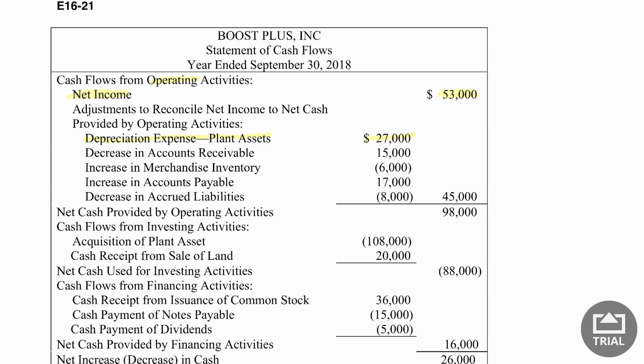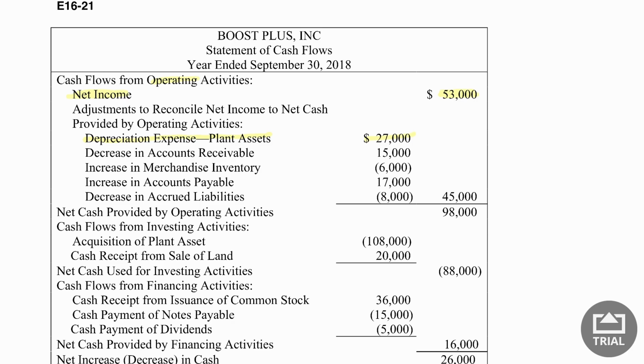Step number 3, my increases and decreases in non-cash current assets and current liabilities. Well, they gave me in F the excerpt of my balance sheet, so that's where I'm going to go. I'm going to skip cash and go to accounts receivable. Accounts receivable had a 2018 balance of $46,000, a 2017 balance of $61,000.